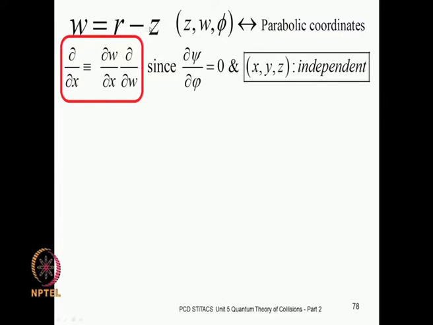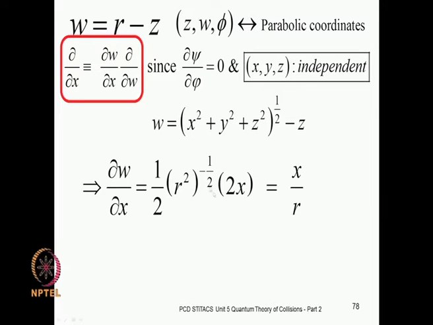Yes, there is a relationship between w and z, which is basically a relationship which describes w in terms of the spherical polar coordinates r and theta. Okay, so that's a basic relationship, so there is nothing very mysterious about it. So now let us get this del w by del x, which you can get very easily from here, and that gives del w by del x to be x over r.